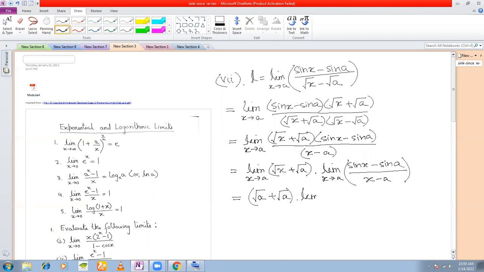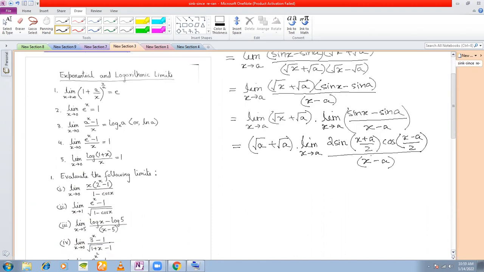In the second limit, what you do here is you change the difference in the numerator to a product. So sin c minus sin d is 2 sin (c plus d) by 2 into cos (c minus d) by 2. So you have 2 sin (x plus a) by 2 cos (x minus a) by 2 divided by x minus a.